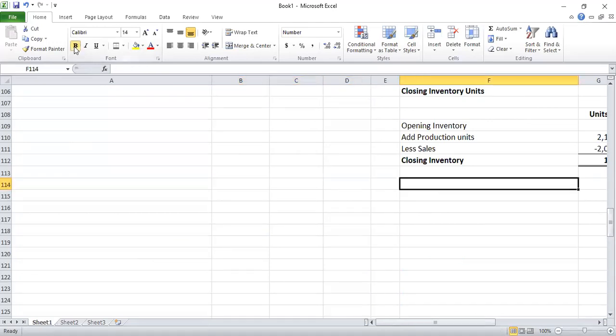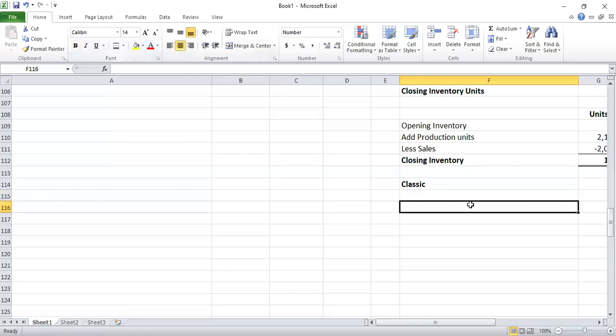So we're going to calculate our closing inventory for classic. No formulas are not necessary. You are just supposed to know them. They don't require you to write down the formulas. Actually, they don't give marks for the formulas unless it's specifically asked.